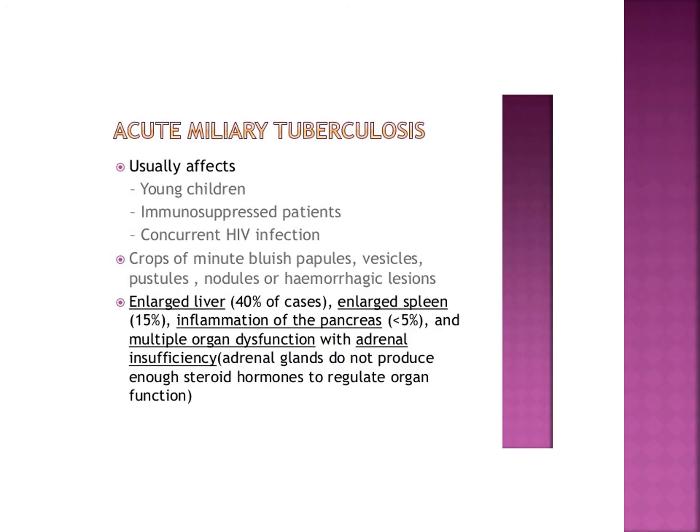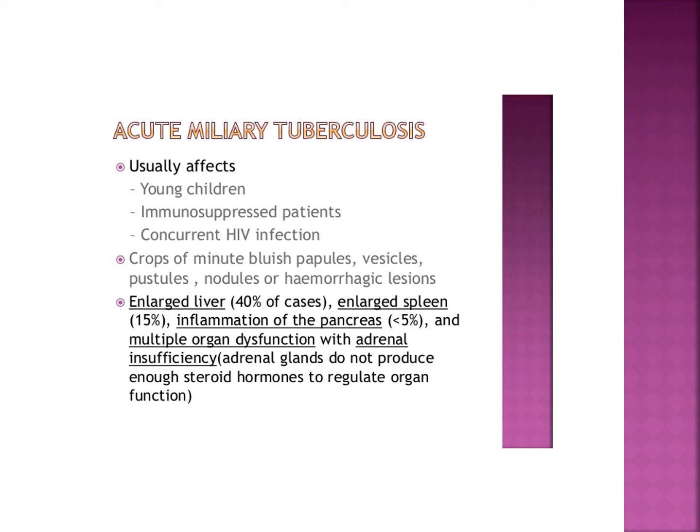So this is another type of tuberculosis, which is called acute miliary tuberculosis. It also affects young children, but the important feature is that it usually occurs in immunocompromised patients, in children with lymphoma or leukemia or concurrent HIV infection.